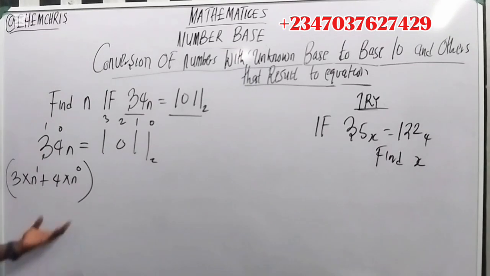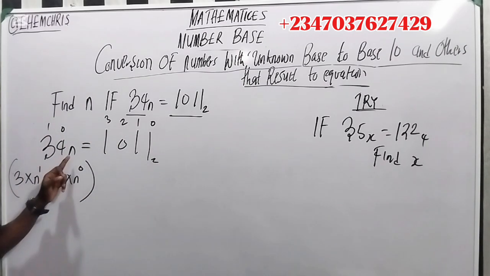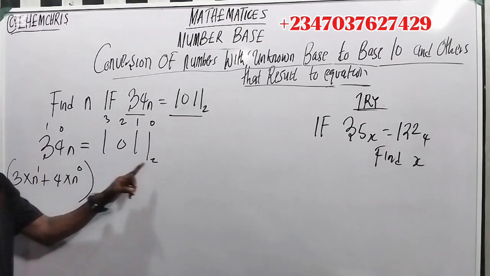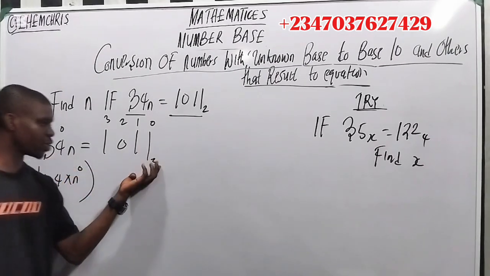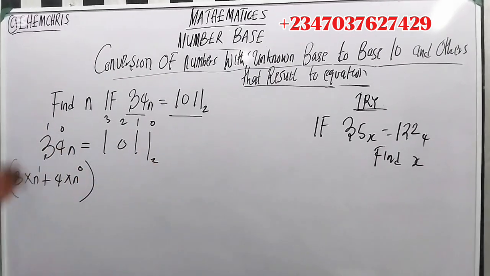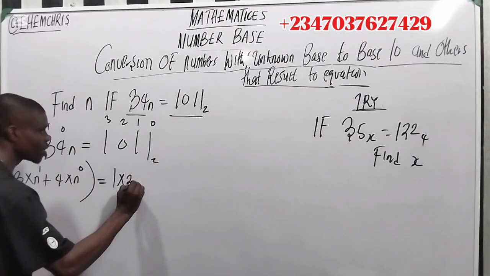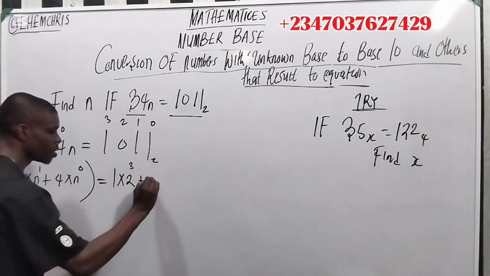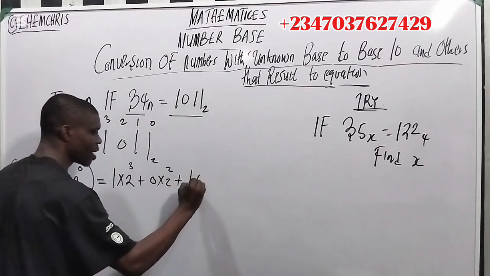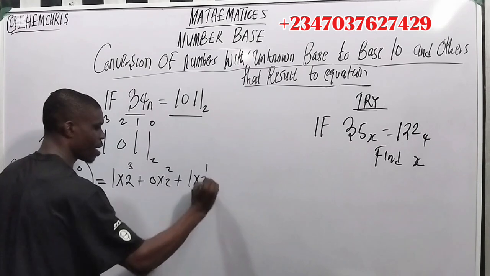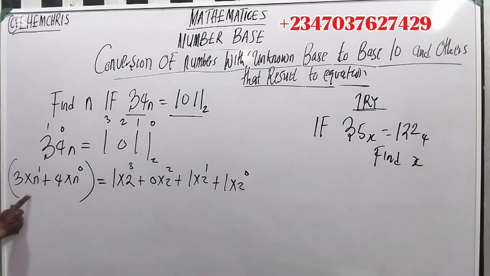You are converting this base n to base 10. And you are converting this base 2 to base 10, equals 1 times 2 raised to 3 plus 0 times 2 raised to 2 plus 1 times 2 raised to 1 plus 1 times 2 raised to 0, right? So what do you have here?